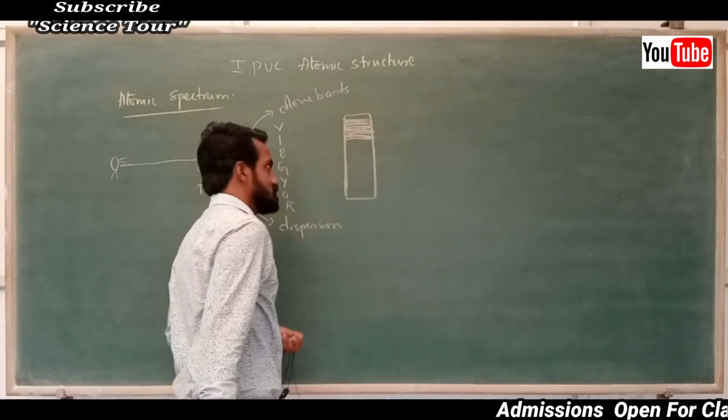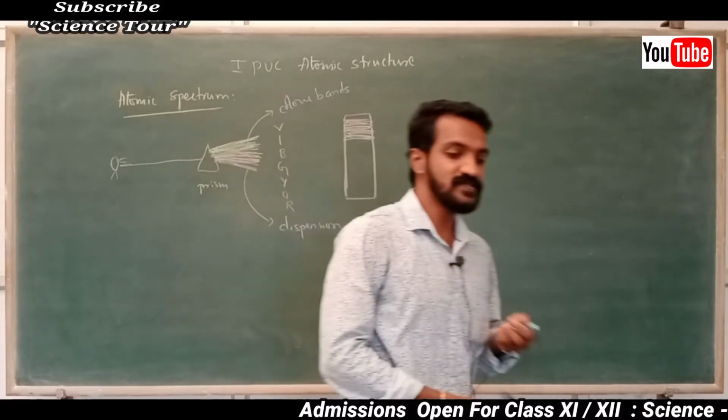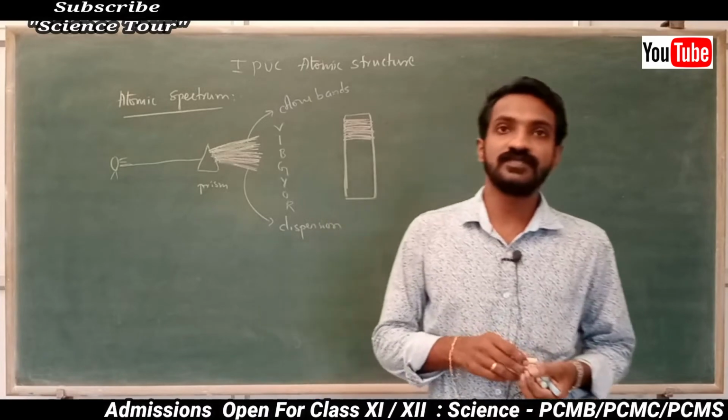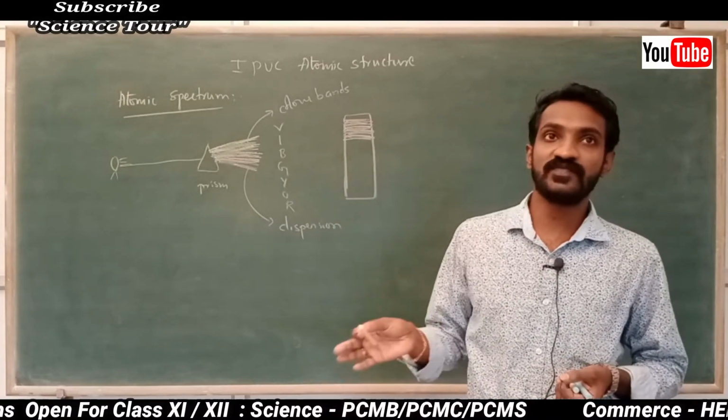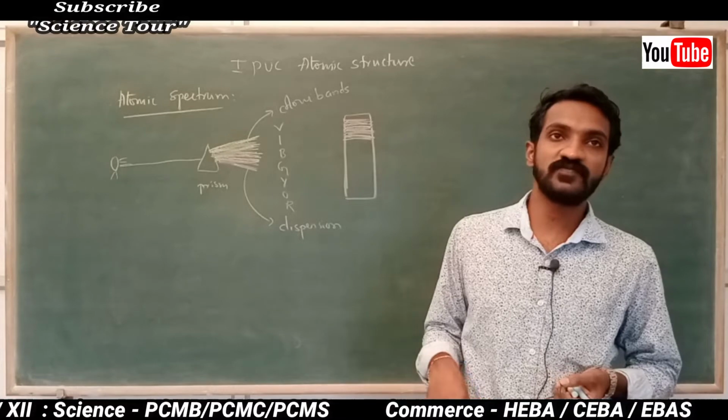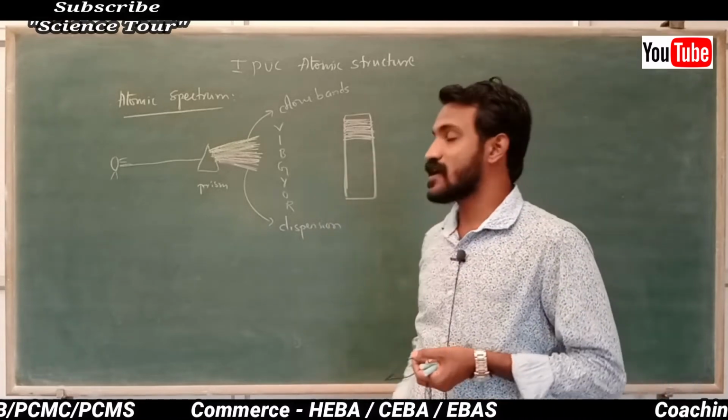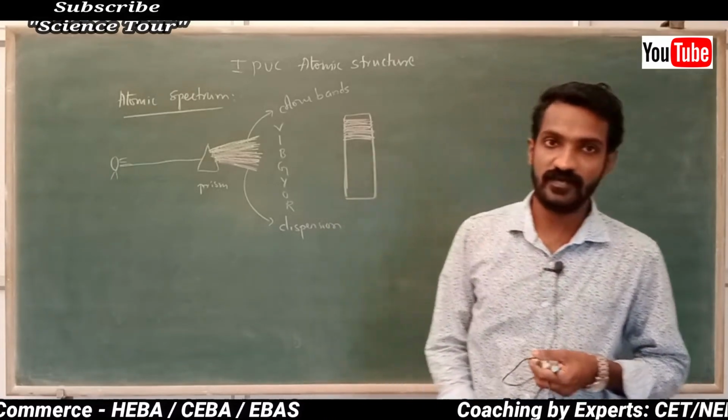Not only 7 colors are there. You arrange these color bands according to increasing order of wavelength or decreasing order of frequency. So it gives a spectrum. Understood?